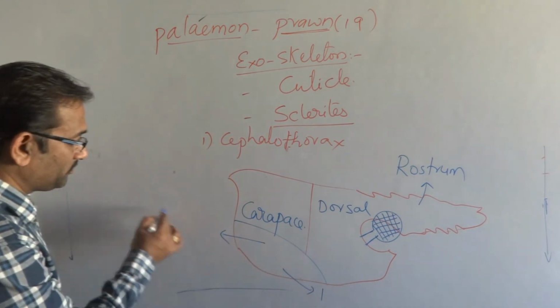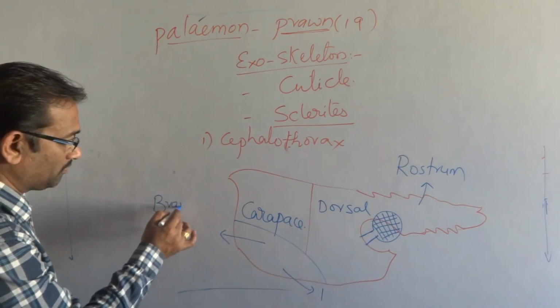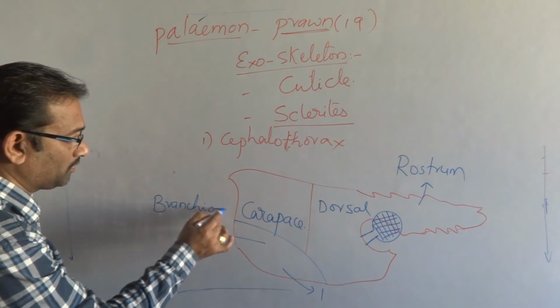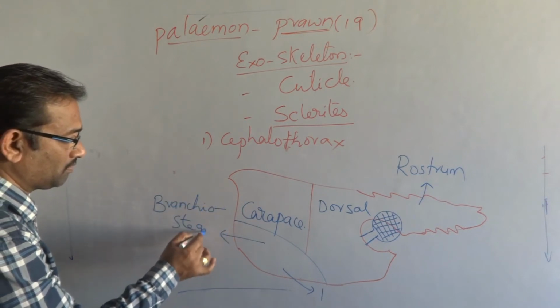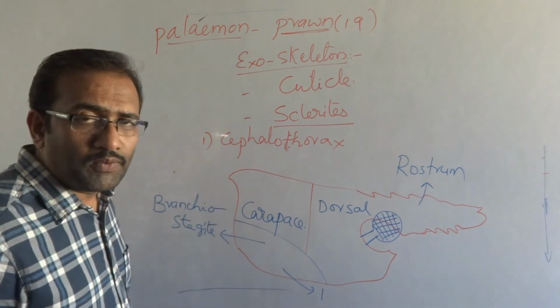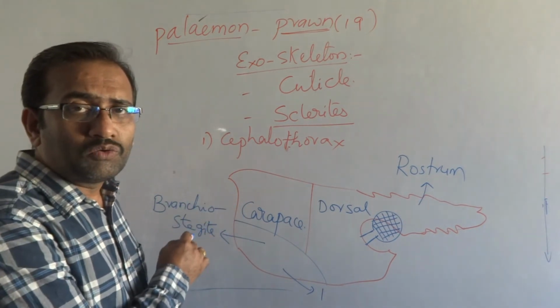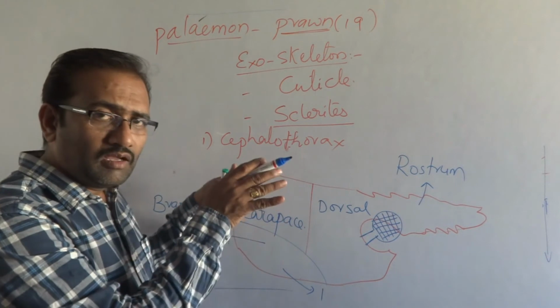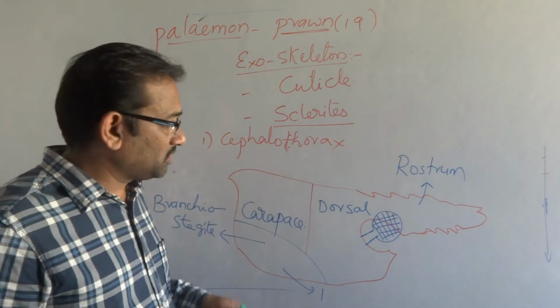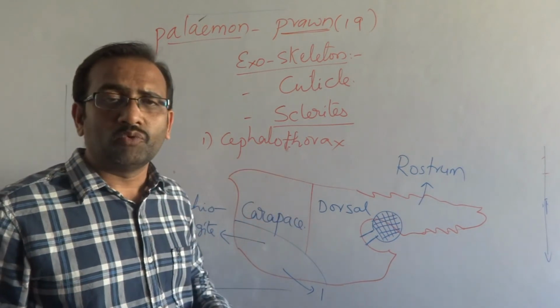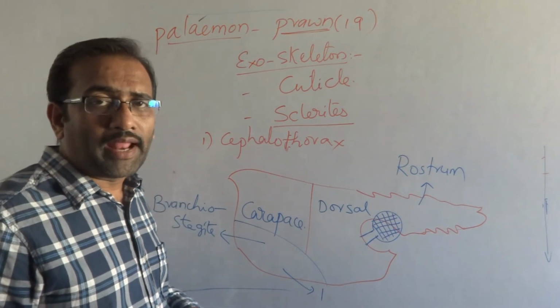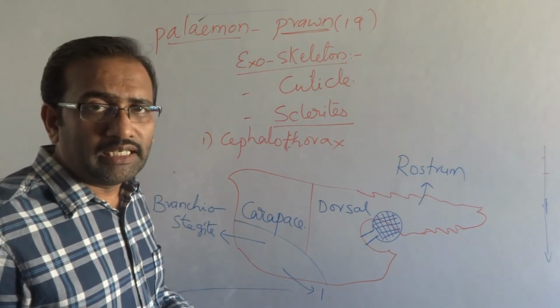This is called the gill chamber, also called branchiostigite. It is a hanging lateral part, a pleural part of the carapace. It hangs on both sides, and is called branchiostigite, also called the gill cover.